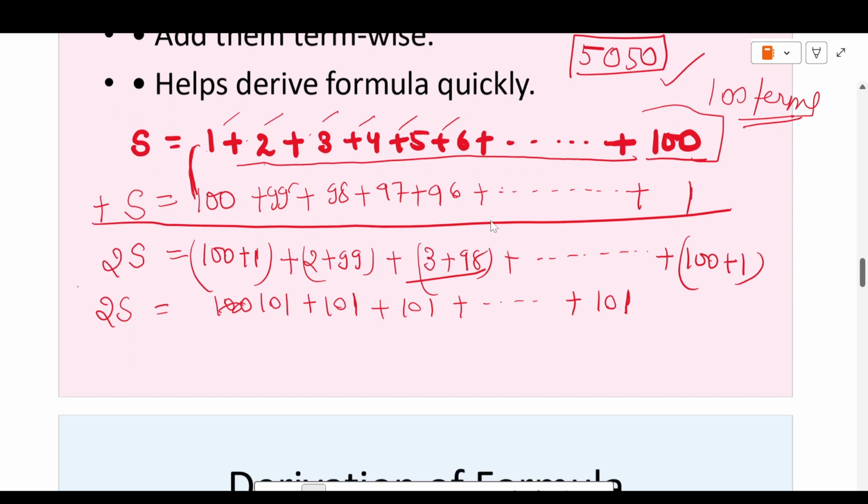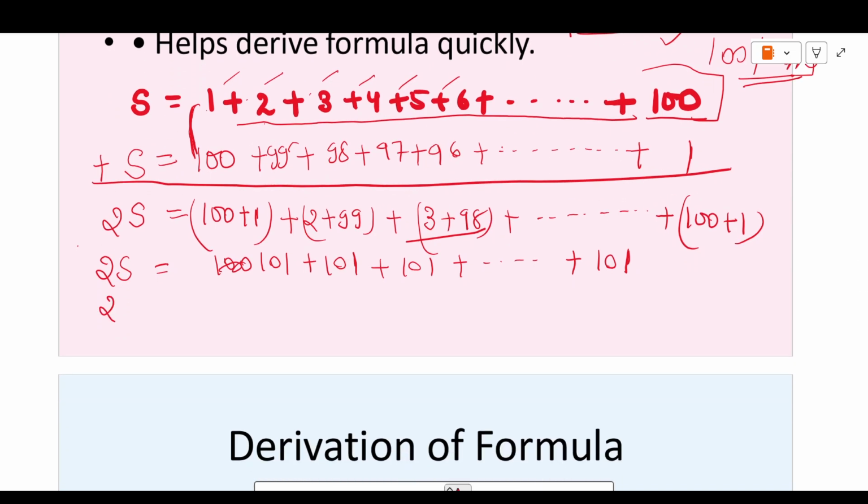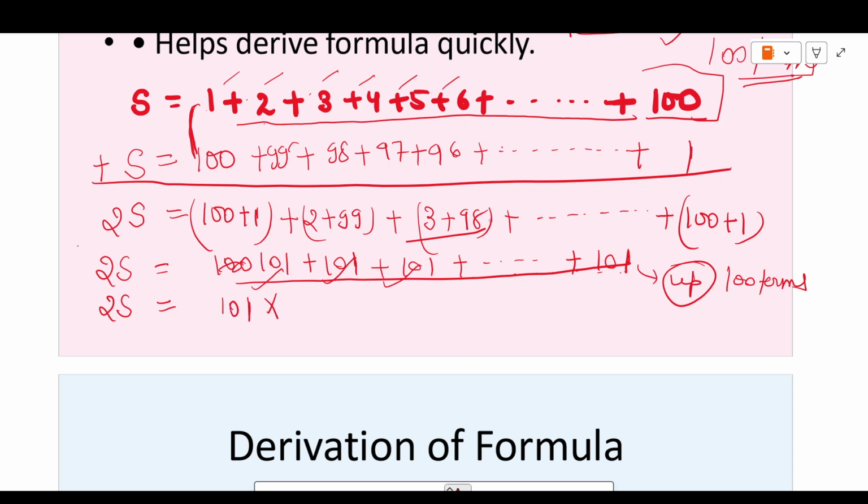So you can write 2S is equal to 101 written 100 times. This is all up to 100 terms. So can we write it as 101 into 100? Is there any problem? 101 is written here 100 times.